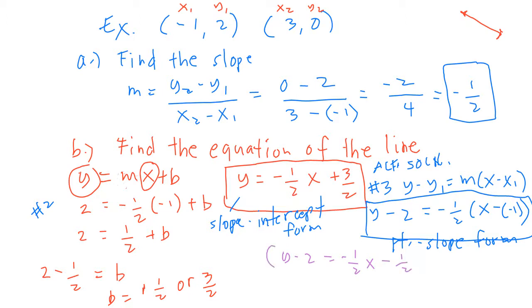And then we multiply the whole equation by 2 to eliminate, actually we don't have to do that. We can actually try multiplying that, and it will give us the standard form. So that's another form that we're looking at.